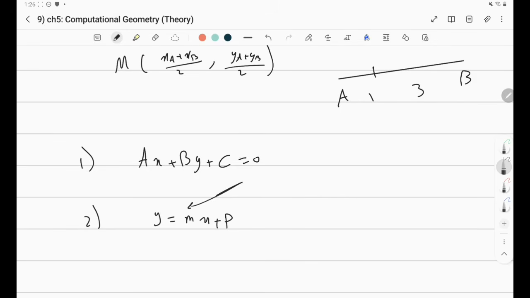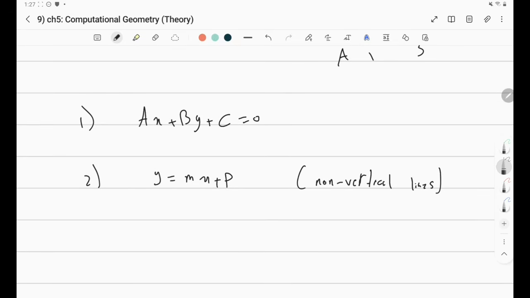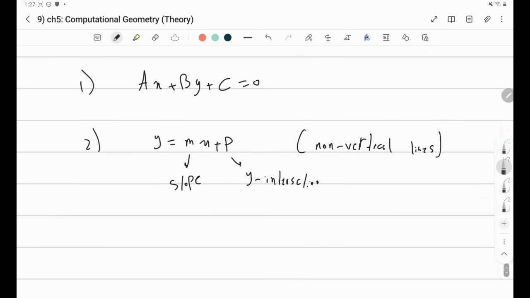Why? Because vertical lines do not have a slope, the slope is undefined. So just keep that in mind. This works for non-vertical lines. Usually we stick to this because it's much easier. And as you know, m is the slope of the line, and b is the y-intercept, the intersection with the y axis.